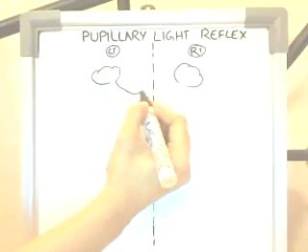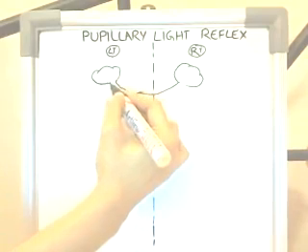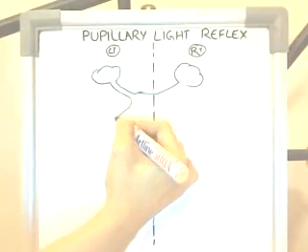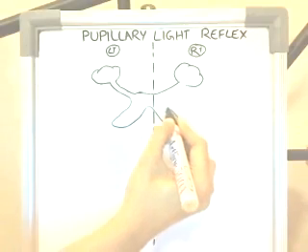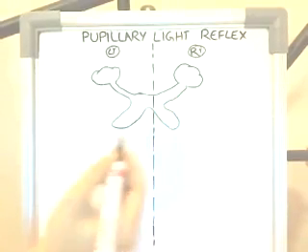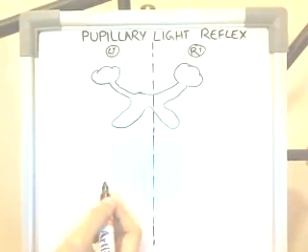This starts as the optic nerve, goes as the optic chiasma and the optic tract, and I'm going to draw a few of the nuclei which are involved in the light reflex, which are present in the midbrain.